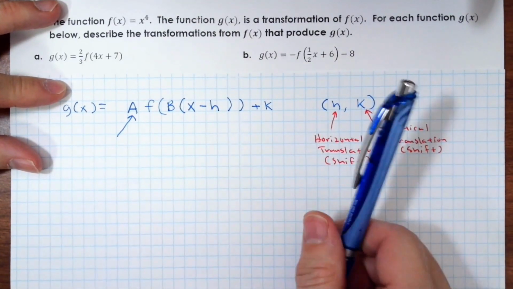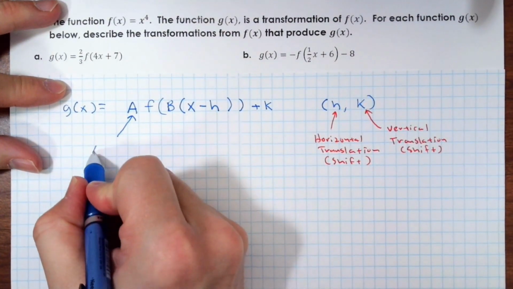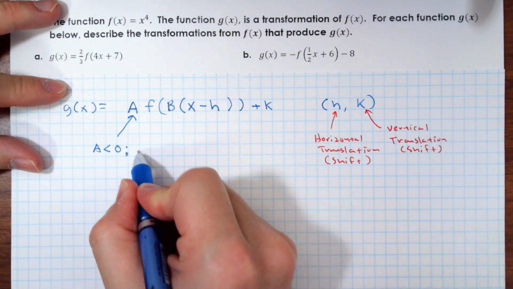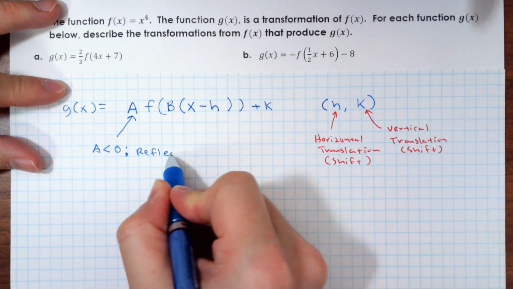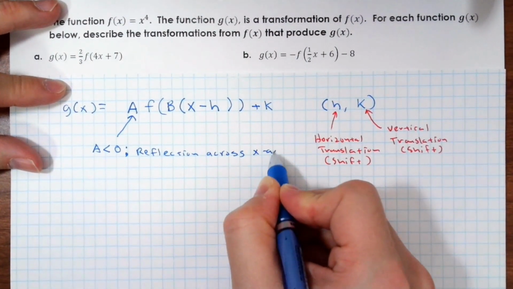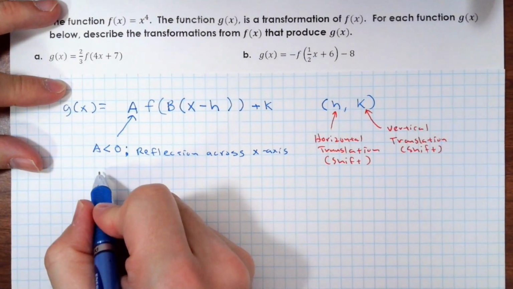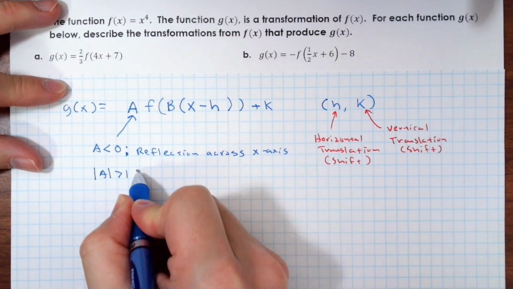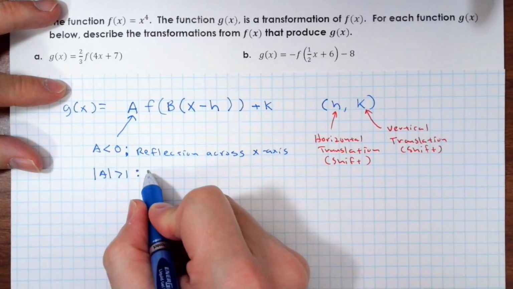A covers some different things. If A is less than 0, you have a reflection across the x-axis. If the absolute value of A is greater than 1, you have a vertical stretch.